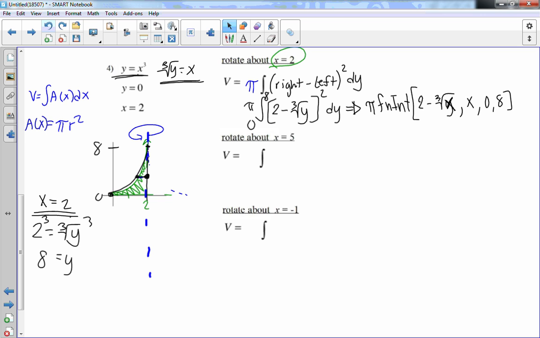Second, pi, math number 9. 2 minus, we go to the math feature, the cube root is number 4. X, close the parentheses, comma, x, comma, 0, comma, 8. Yeah, all squared. All of that squared.